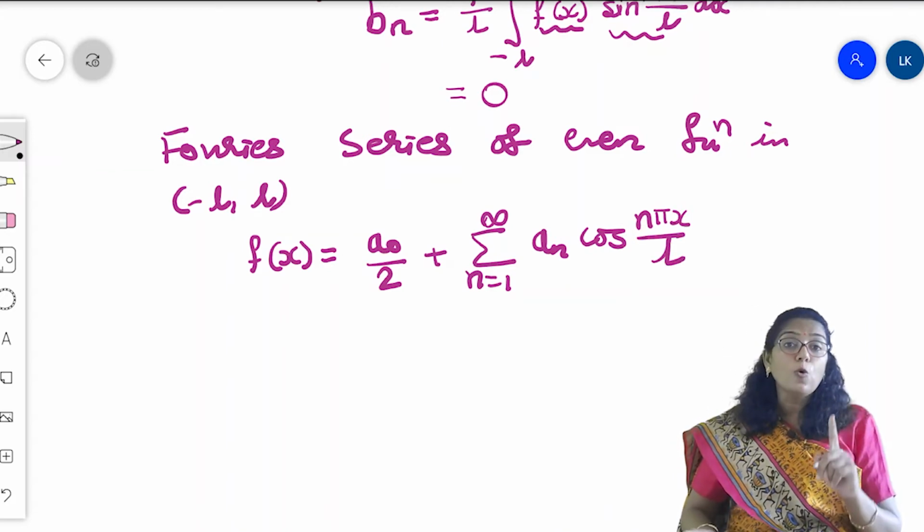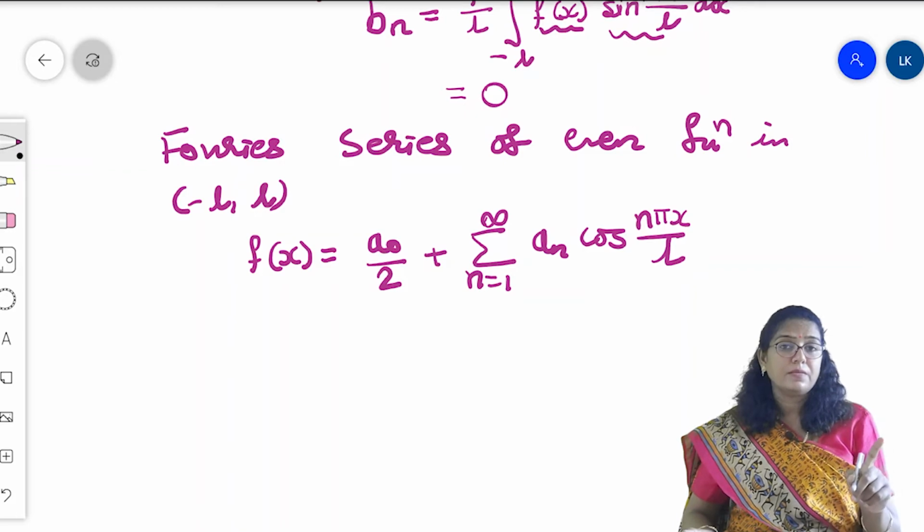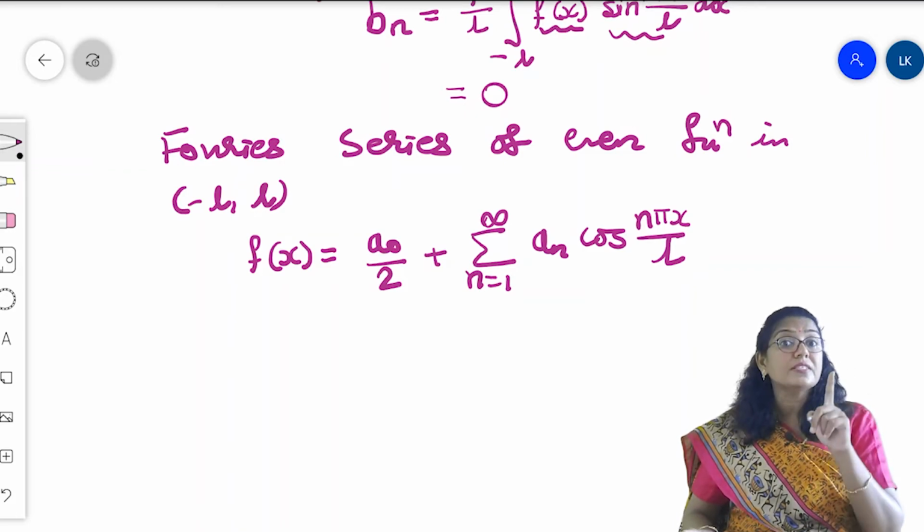Here there is no term of bn when f(x) is even.